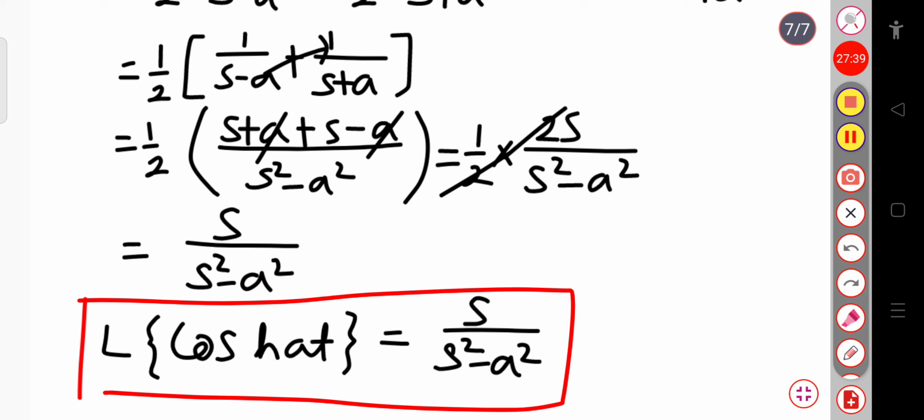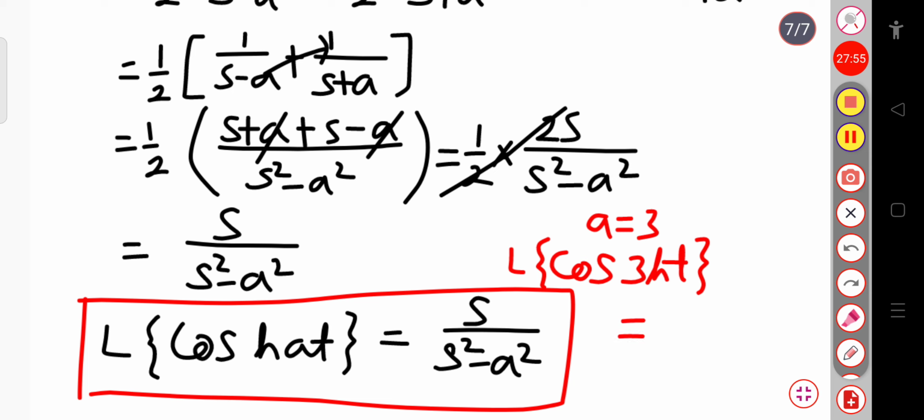Suppose a equals 3, that is given in the question, and you have to calculate the Laplace transform of cosh 3t. Simply, this is equal to s divided by s square minus, in place of a this is 3, 3 square, that is equal to 9. So the final answer will be s by s square minus 9. This is the Laplace transform of cosh 3t.